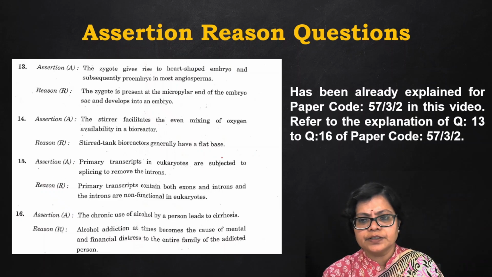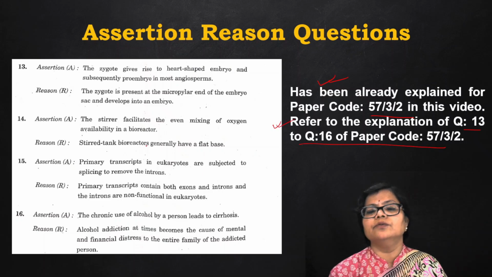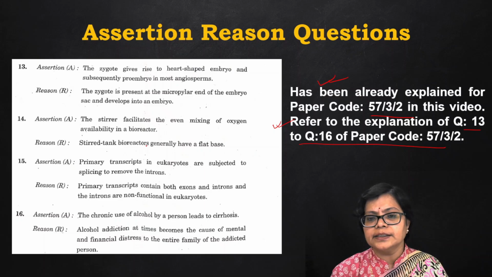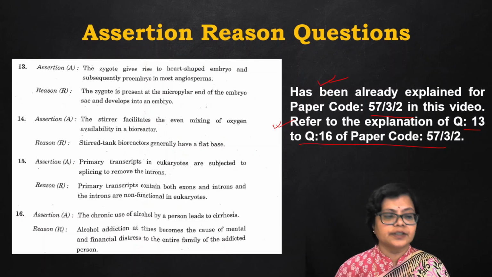Okay, set 1, set 2, set 3, but the sequences are different. It is also written that it has been already explained for paper code set 2 and set 3. Only the orders are different. So go back and listen to the explanation. I hope you will not face any problem, as it has already been explained and only the orders are different.